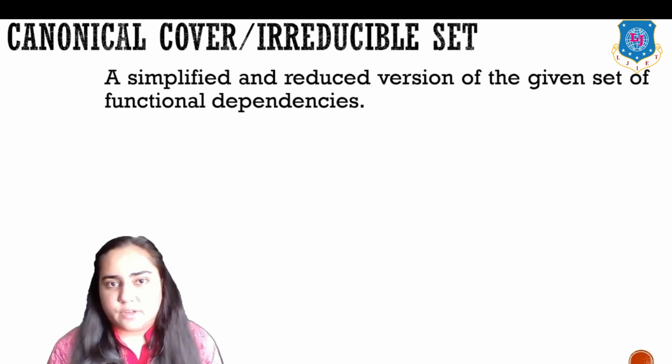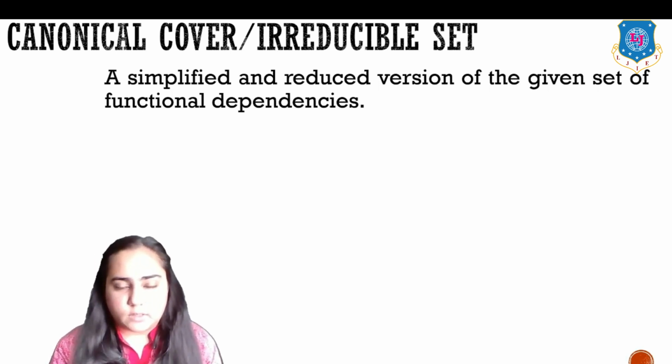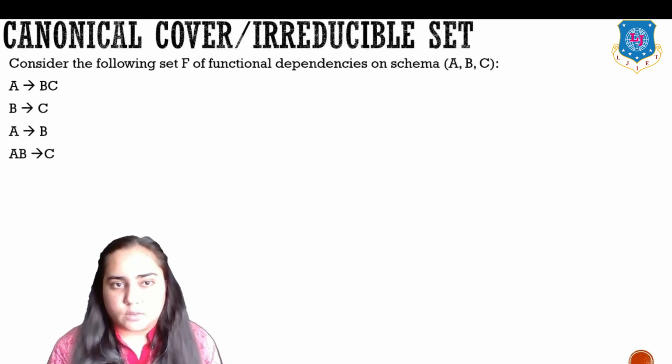It is a simplified and reduced version of a given set of functional dependencies. So if you are given, say, 10 dependencies, you can reduce them and convert them into 5 dependencies by applying the Armstrong's axioms. And we are going to see that with an example.